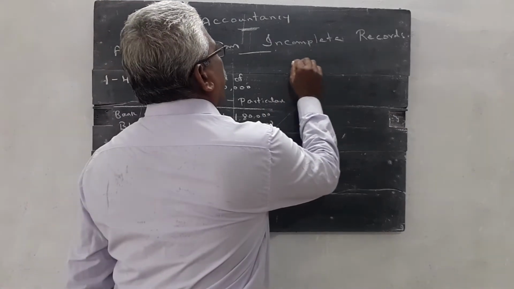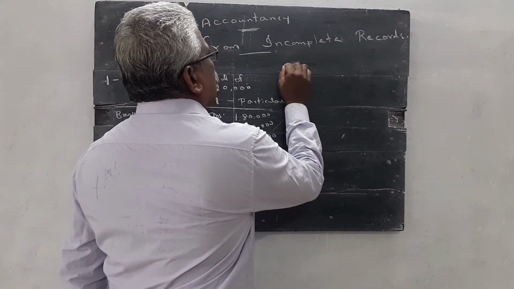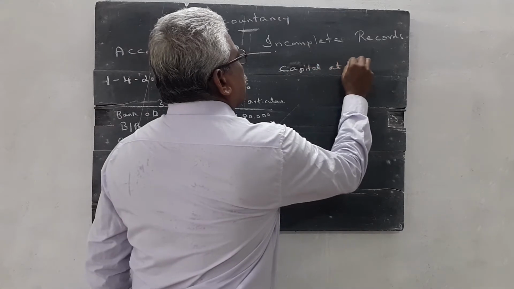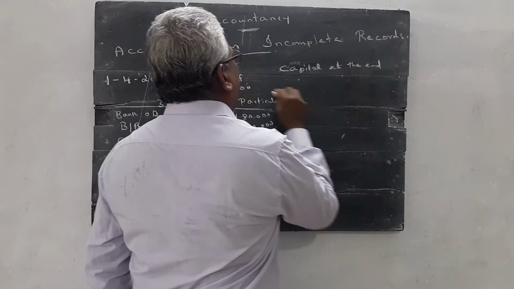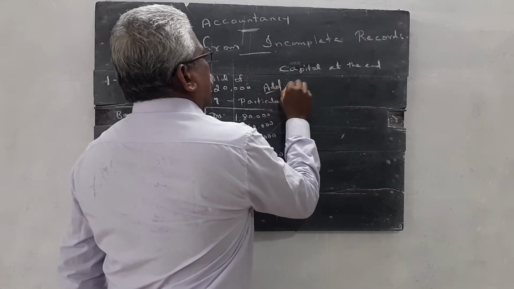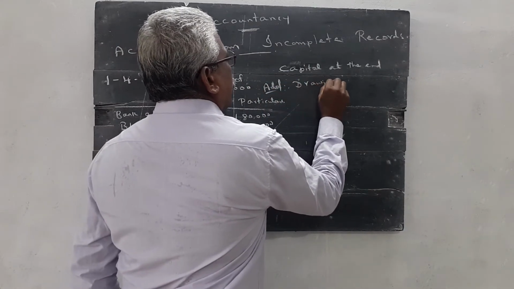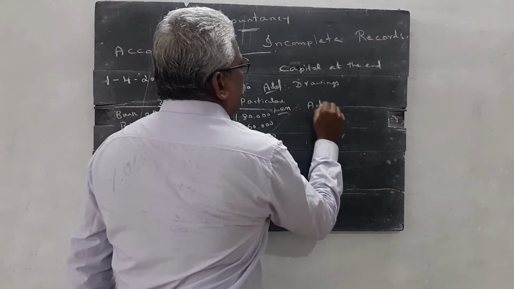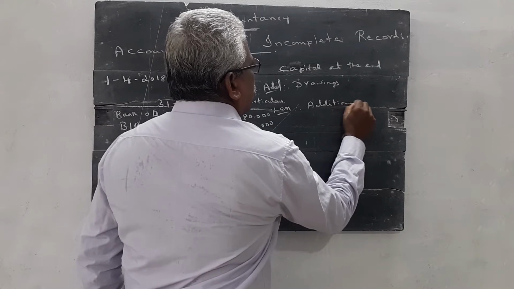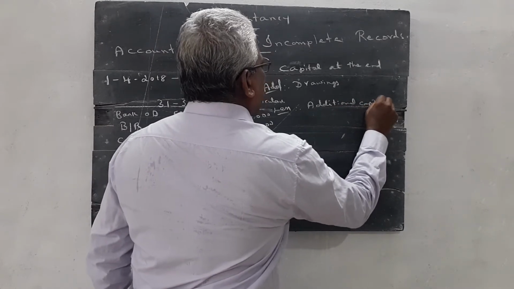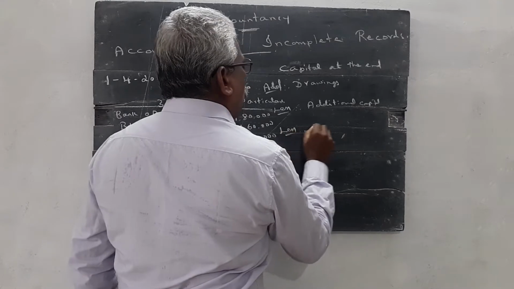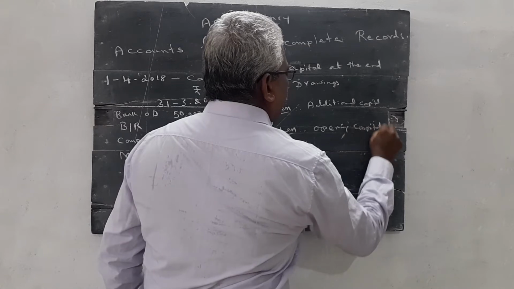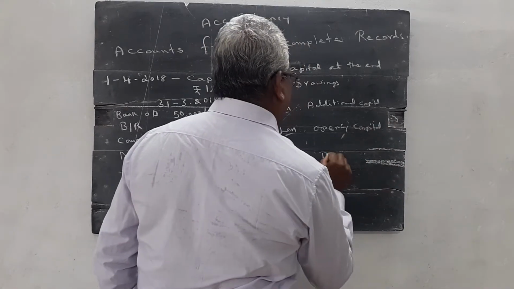First we write closing capital at the end, add drawings, less additional capital, less opening capital, and we can get profit or loss.